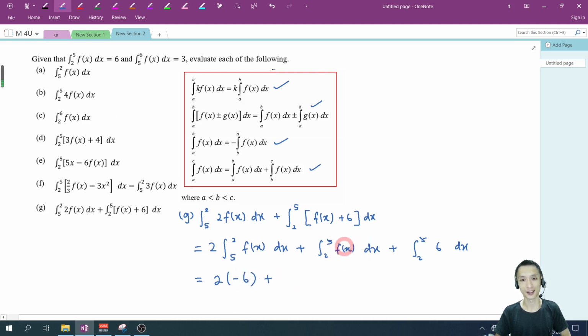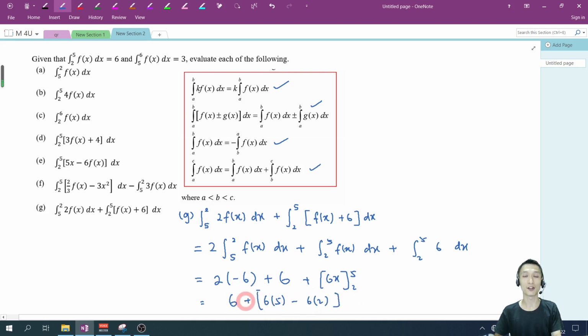Here, this is equal to 6. How about this? This we can integrate ourselves. 6, when we integrate it, becomes 6x. Now calculate this part: 6 times 5 minus 6 times 2.